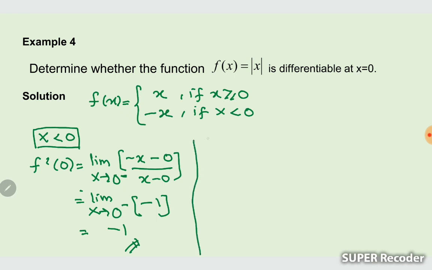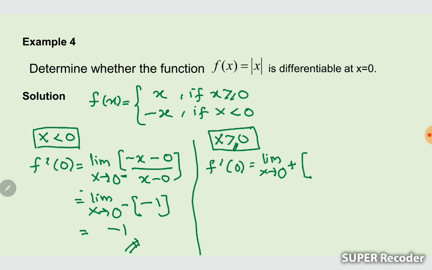Now we do the second part, that is when x is more than or equal to 0. So f prime of 0 is equal to the limit as x approaches 0 from the right of f(x) minus f(0).